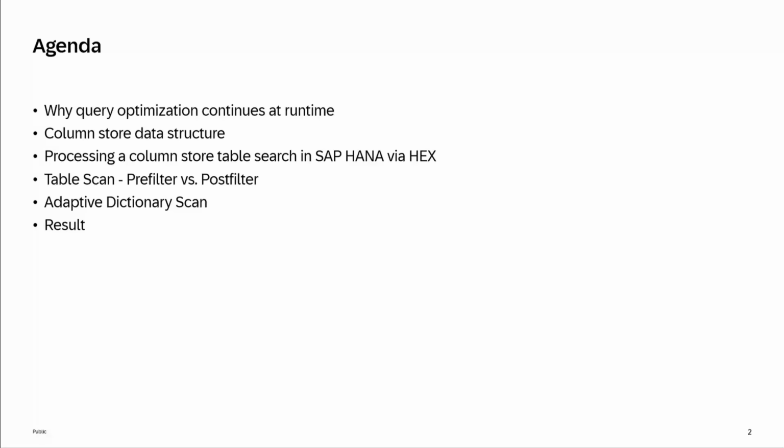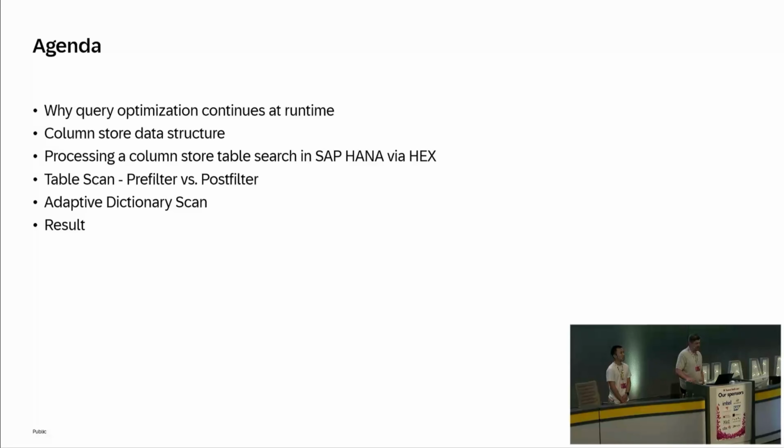Then I introduce you to the column store data structures for those who don't know, and show you how the processing of a column store table search works in SAP HANA and especially the HANA execution engine HEX. I also explain the table scan and the two concepts of pre-filter and post-filter. Then I will hand over to my colleague Cheng-Lun, who will introduce you to the adaptive dictionary scan.